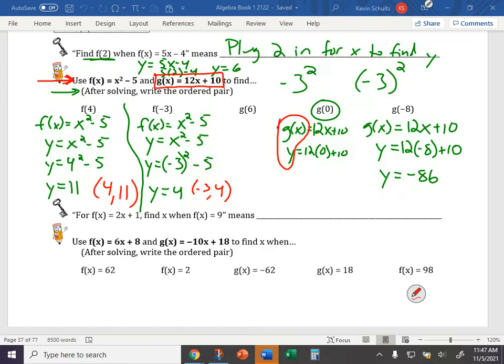Jacob. For here, so negative 3 squared, negative 3 times negative 3 is a positive 9, and then 9 minus 5 gives me 4. If you're using a calculator, remember you need parentheses around that negative 3. If you don't put parentheses, you'll get a negative 14, but you need parentheses because you're squaring x, and x is negative. So you've got to include that sign with the squaring. Anything else? How do you know if the parentheses around it?